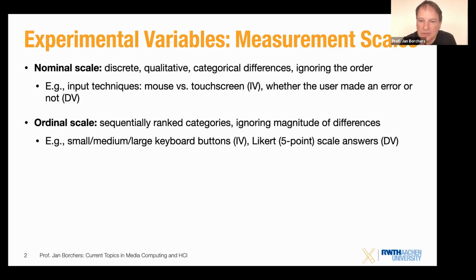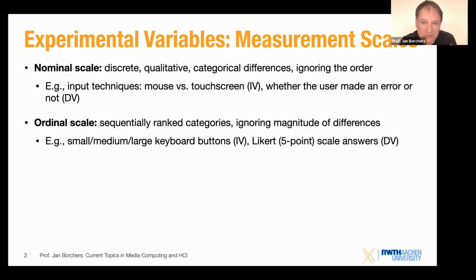So if I was going to test blue and red buttons and see which ones work better, they cannot be ordered in any useful way. It's just like mouse versus touchscreen. But if I say I have small, medium, and large buttons in my study, then I have an ordinal scale. I can say medium comes between small and large.